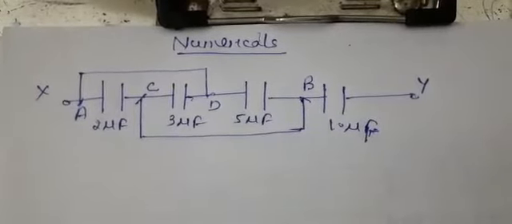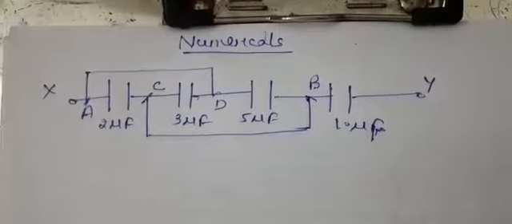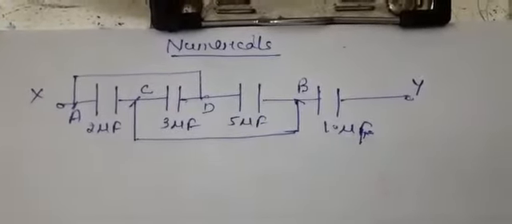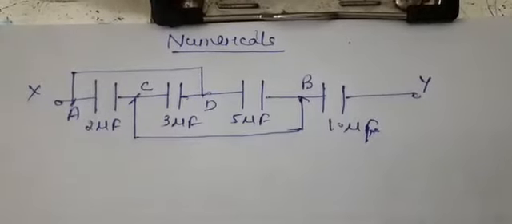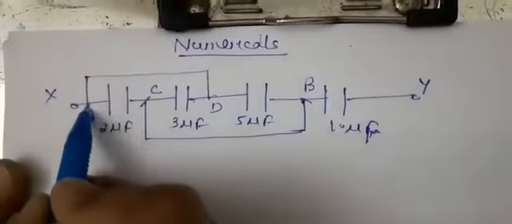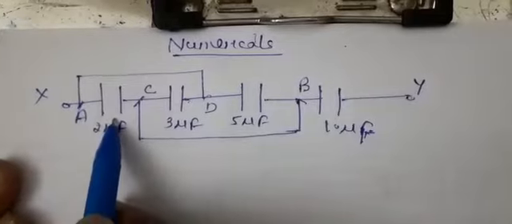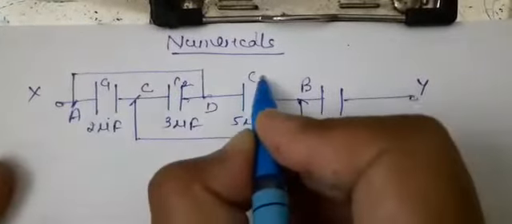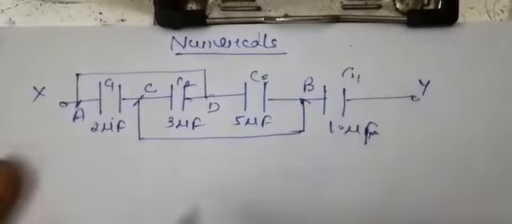So when the capacitors are connected in parallel combination, then the positive plates of all the capacitors are connected together. So see here, this is terminal A. This is capacitor 1, let it be C1, this is C2, this is C3 and this is C4.